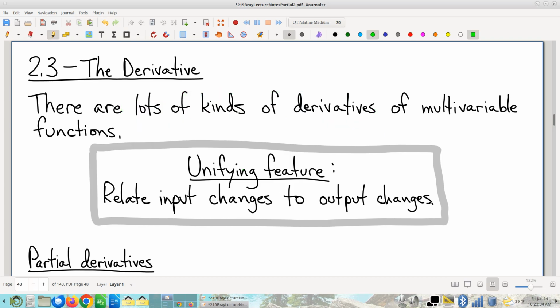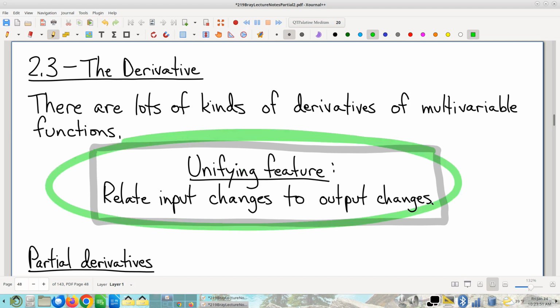So several different kinds. Why do we use the same word to describe things that are different? As you will recall, that's one of my little pet peeves, right? I feel like if you have different things, if it is important that they're different, they should have different names. Fair. The reason we use the word derivative, at least in connection with all of these things, is that they have something in common.